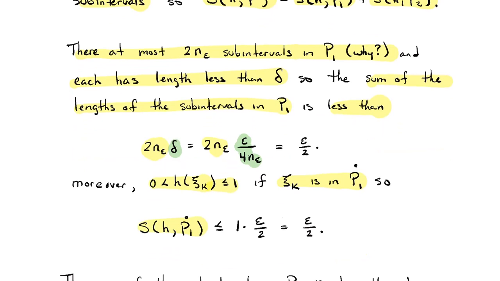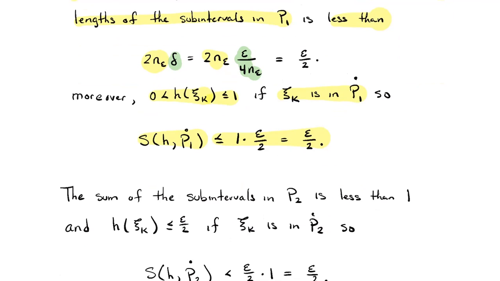Well, if we replaced all of the outputs H of the tags with something bigger than them, we would make the sum bigger, replace that with 1. Once we have a constant there, that sum would just add up to the lengths of the subintervals involved, and we said that that's epsilon over 2. So we get that the sum over the subintervals in P1 is less than or equal to epsilon over 2. It's actually strictly less than it, but we can leave it less than or equal to. It doesn't matter.